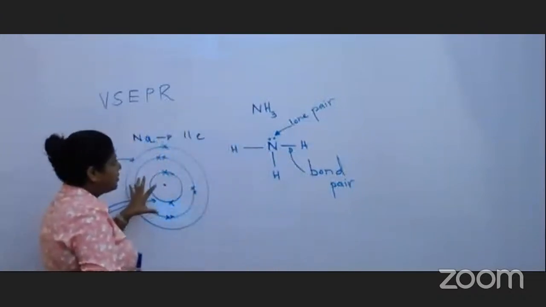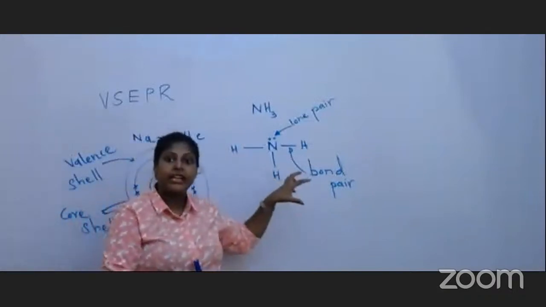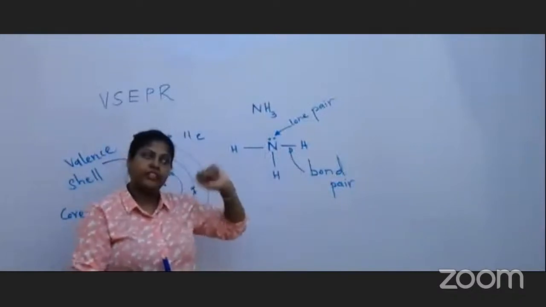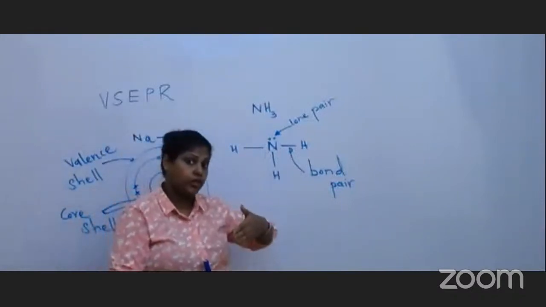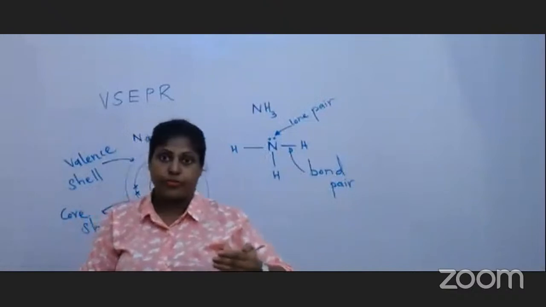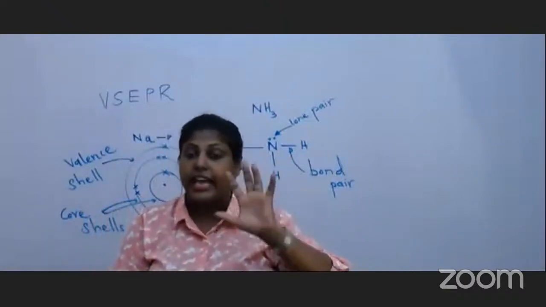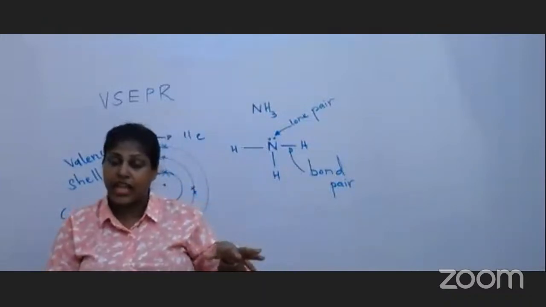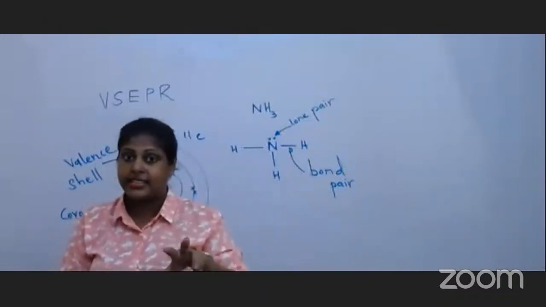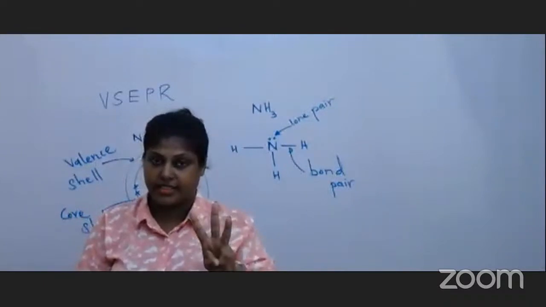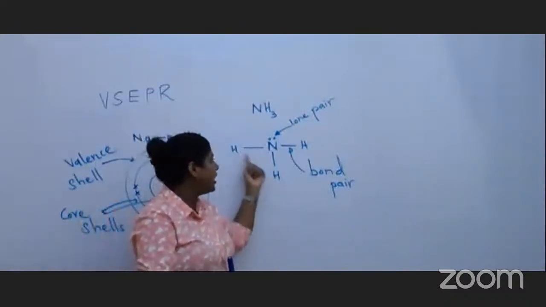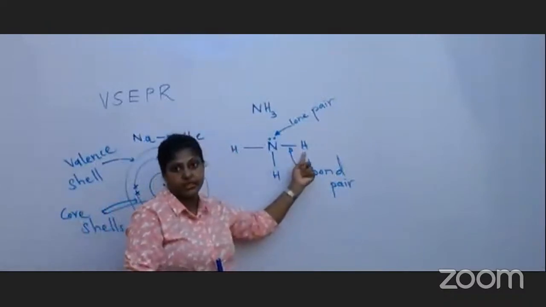That's why we need to consider their valence electrons. Nitrogen belongs to group 15, so it has only 5 electrons in the valence shell. To get 8 electrons, it needs 3 more electrons. That's why it forms bonds with 3 hydrogen atoms.